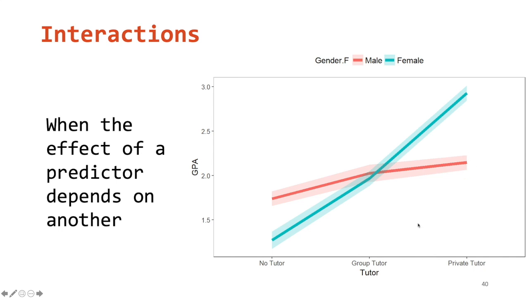This gives us some results really quick. We can say the effect of the tutoring, whether you're in the no tutor, group tutor, or private tutor group, depends on whether you're male or female. If you're female, then being in the private tutor group is the best. If you're male, then the group tutor and private tutor are basically the same, so you could pick either one.